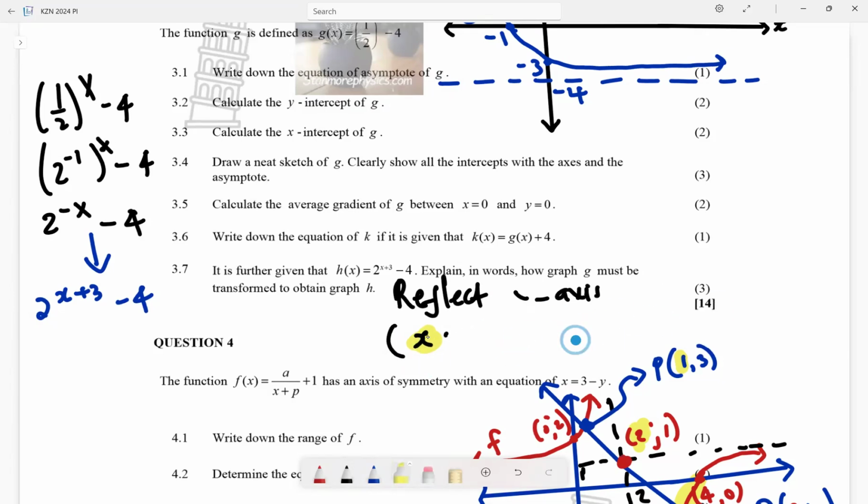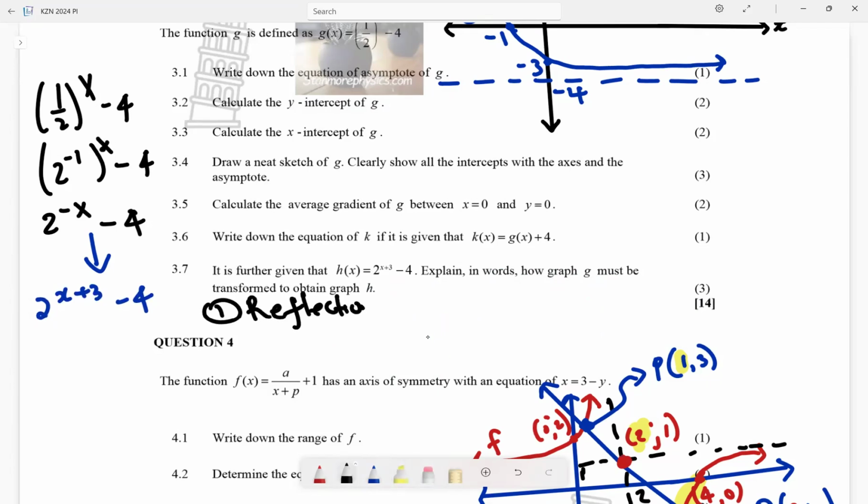So the first thing that I can see was reflection about, or across, the y-axis, so that we can change this x. If we reflect this graph about the y-axis, we will get 2 to the power of positive x minus 4.